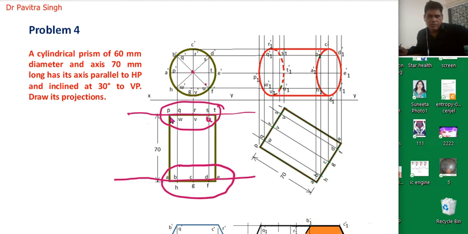Okay, so this is the top view of the bottom surface.